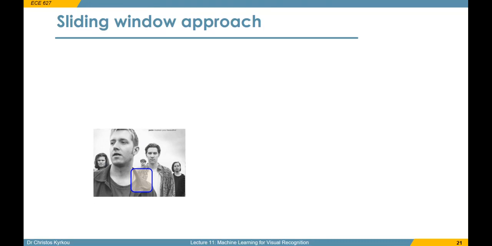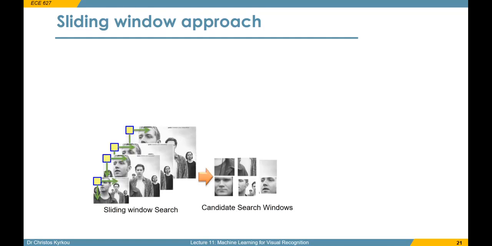Now, of course, as you can see, some of the faces are smaller or bigger than the window. If they are bigger, they won't fit in the window, so we're not giving the classifier a chance to see the whole face. To tackle this problem, we use a pyramid of images. We downscale the image into smaller versions, and then we extract blocks from each and every one of these versions.